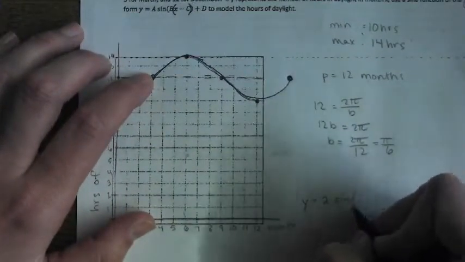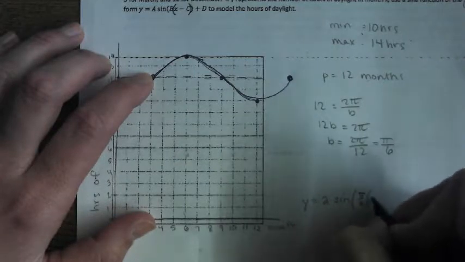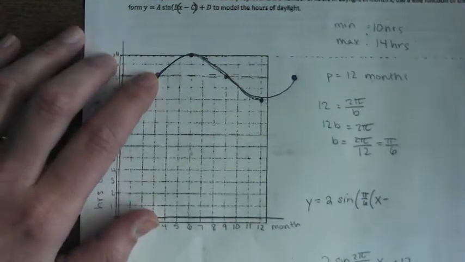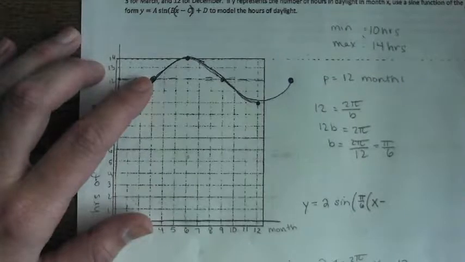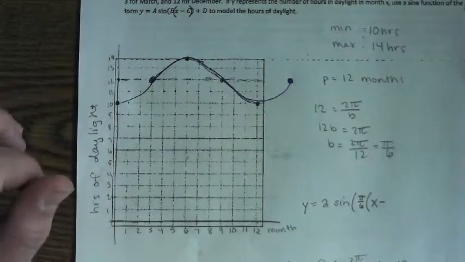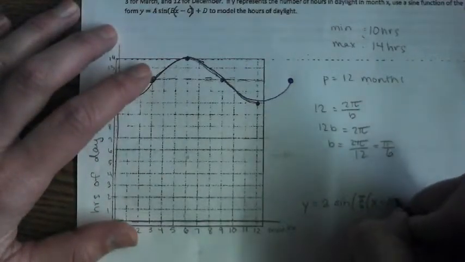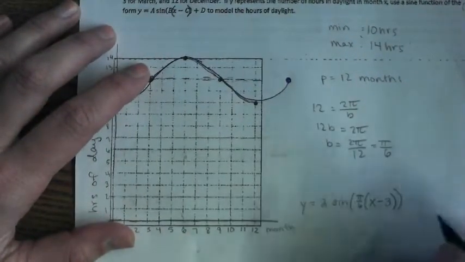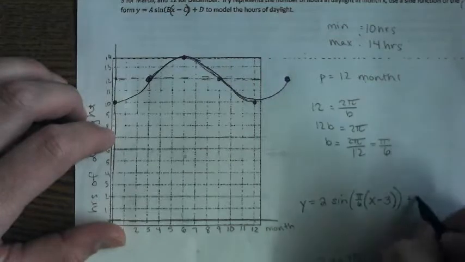So our b is pi over 6. And then x minus. Do we have a phase shift now? Yes. Okay, the sine curve got shifted. How many units to the right? 3. So that's x minus 3. And then our midline is 12.